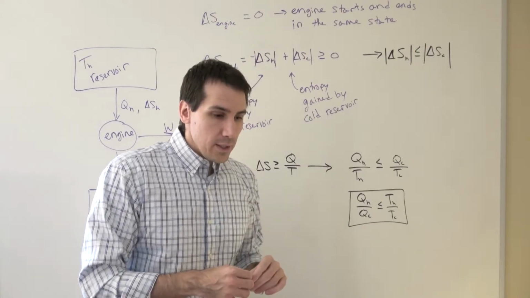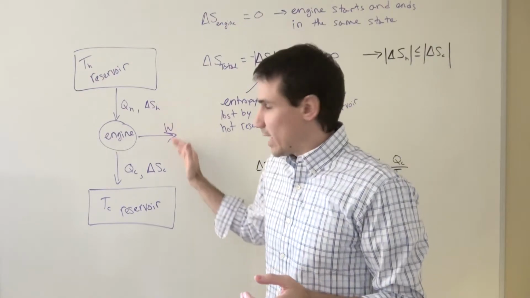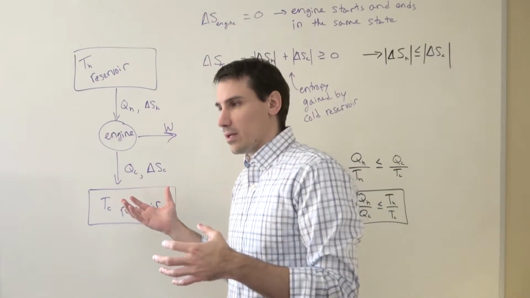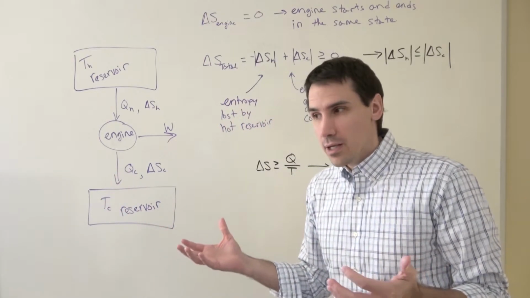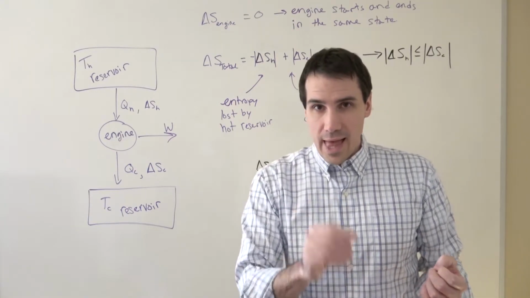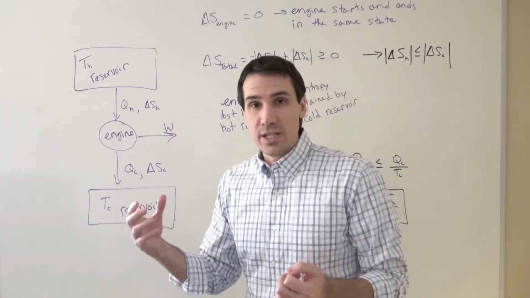Now, you might think, okay, well, it must take in the same amount of entropy as it gives off, and therefore it just doesn't have any entropy, or no change in entropy. But remember that unlike energy, entropy is not conserved. Entropy can always be created.